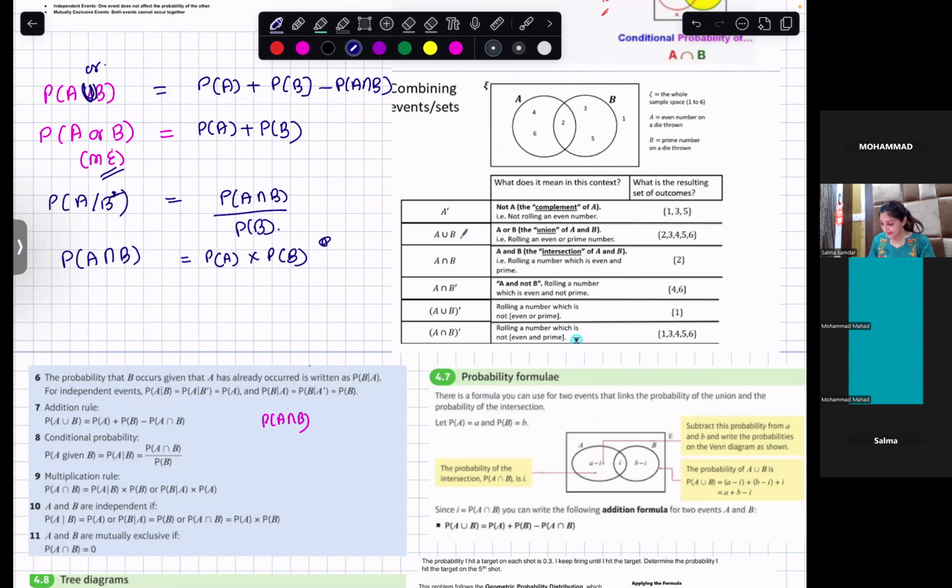A and B are independent, what does it mean? That A does not depend on B, B does not depend on A. They both could happen at the same time as well. So probability of A intersection B can also be written as probability of A into probability of B given A has happened.